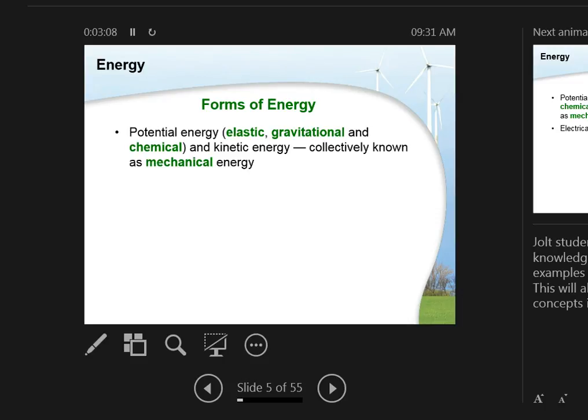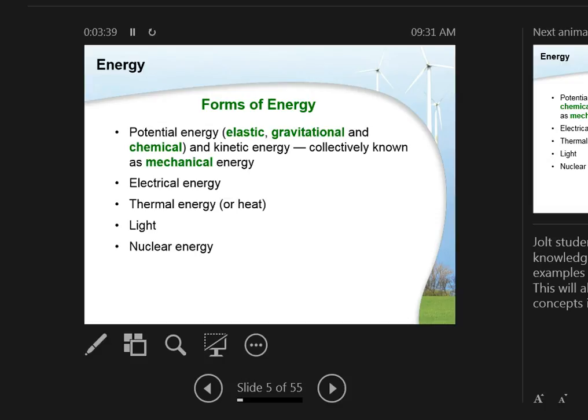No, it is not. What about gravitational potential energy? It is mechanical energy. What about elastic potential energy? Yes. So potential and kinetic, they are mechanical energy. Things like light energy and heat energy are not mechanical energy.